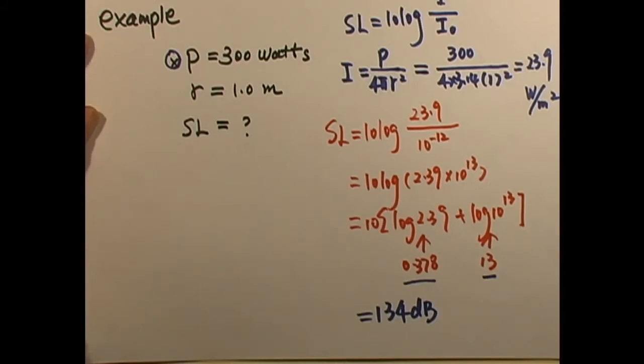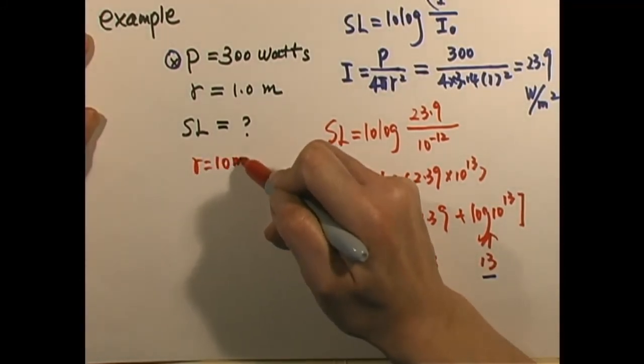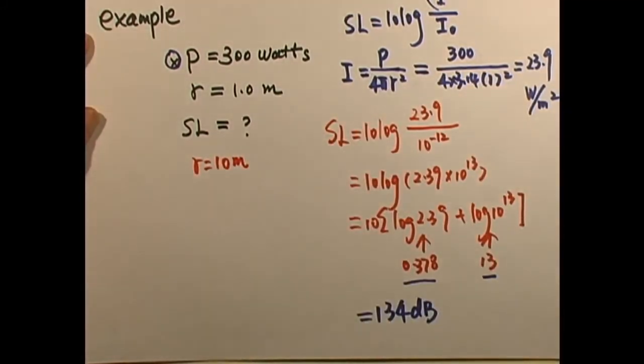Now how about 10 meters away? Do you think it will reduce to 13.4 decibels? No, I don't think so, because this is not linear. So let's take a look. How do we do the calculation? There's actually an easier way to do it. For example, all the difference is the intensity part, right? We know when R is 10 meters away, the sound level is lower.